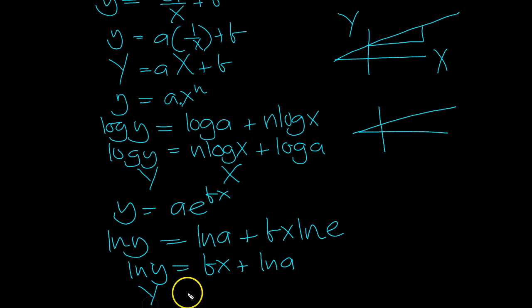So you'd plot ln y data points against x data points as your y and your x-axis here, and you could read off the gradient, which would be b, and the intercept, which would be ln a, and then you could work out a value, you know the b, and you could get the relationship.